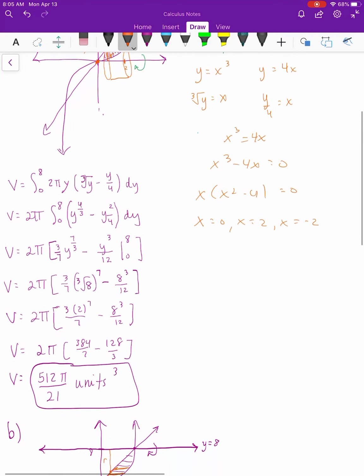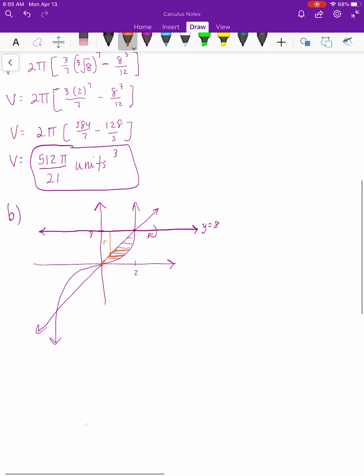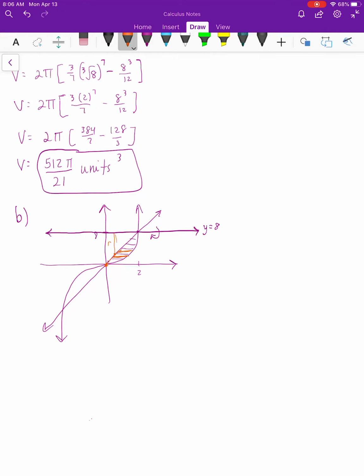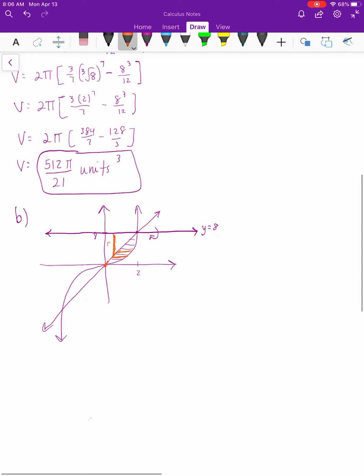On this one up here, your radius started at 0 and it went to 8. So that was okay to use y for your radius. Here, your radius starts at 8. Look at that. That first radius would start at 8 and go all the way down to 0. So trying to figure out what this distance is, well, remember that this is the y of your point.